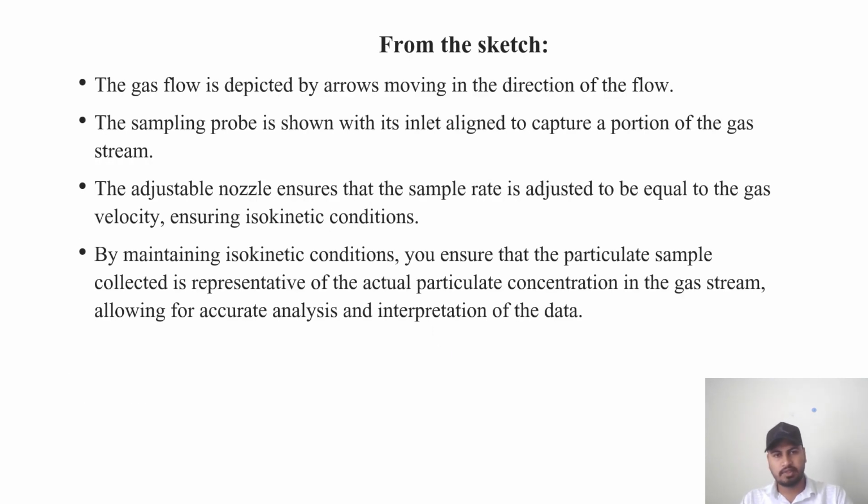In this case we can see that the gas flow is depicted by an arrow moving in the direction of flow, as we can see in the sketch. The sampling probe is shown with its inlet aligned to capture a portion of the gas stream. The adjustable nozzle ensures that the sample rate is adjusted to be equal to the gas velocity, ensuring isokinetic condition.